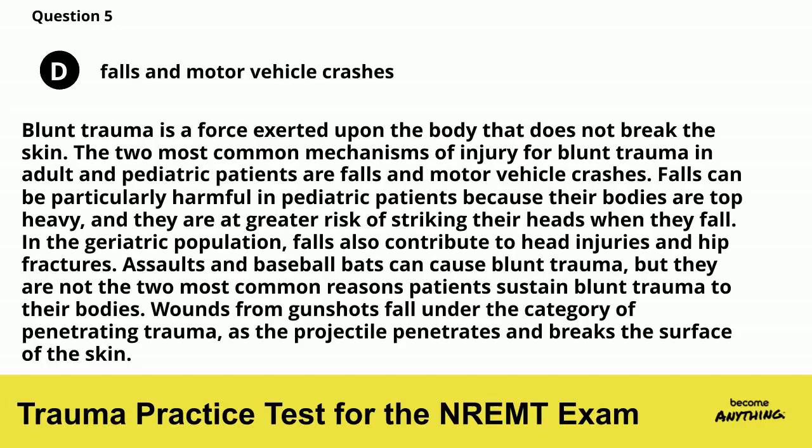In the geriatric population, falls also contribute to head injuries and hip fractures. Assaults and baseball bats can cause blunt trauma, but they are not the two most common reasons patients sustain blunt trauma to their bodies. Wounds from gunshots fall under the category of penetrating trauma, as the projectile penetrates and breaks the surface of the skin.